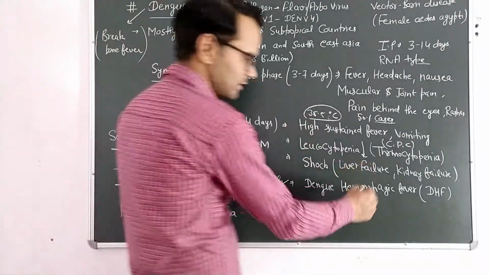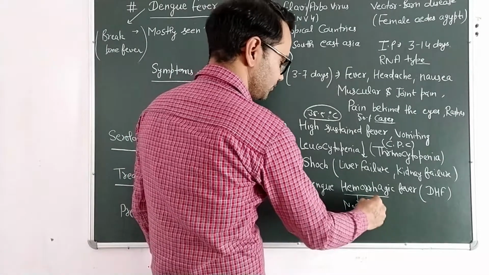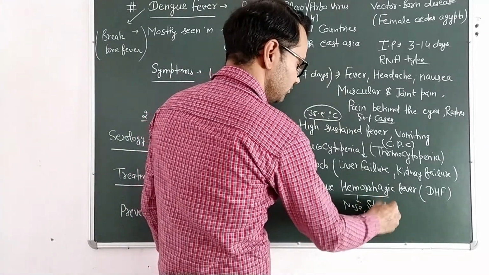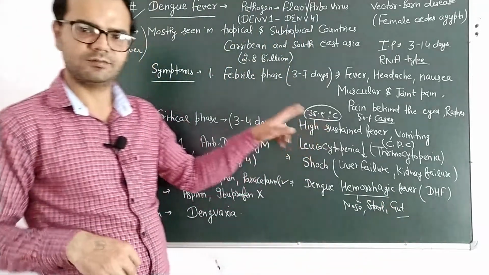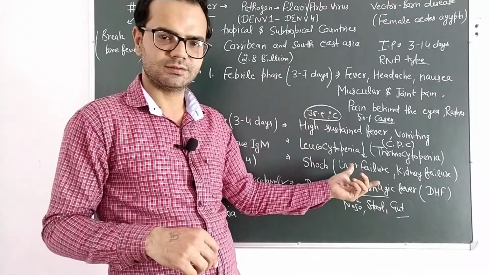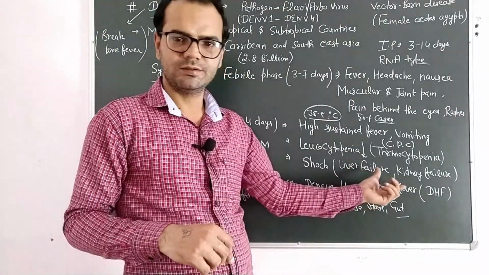So this hemorrhagic condition arises by the bleeding in the nose, stool and gut. Alimentary canal means our gut. So you can understand why it is known as a hemorrhagic fever.